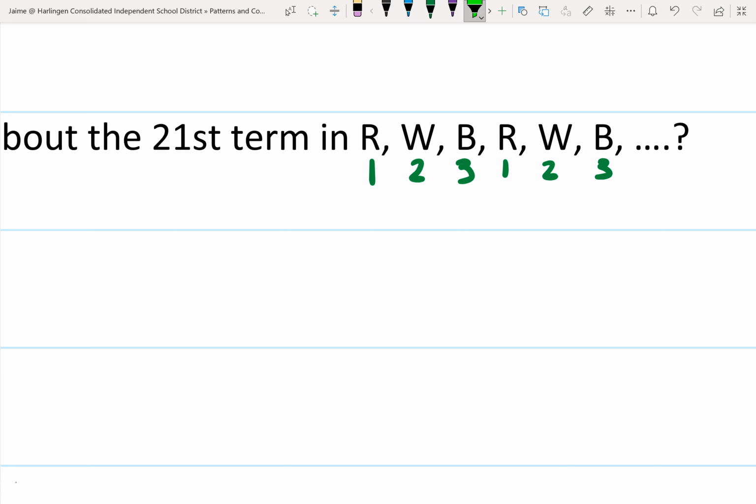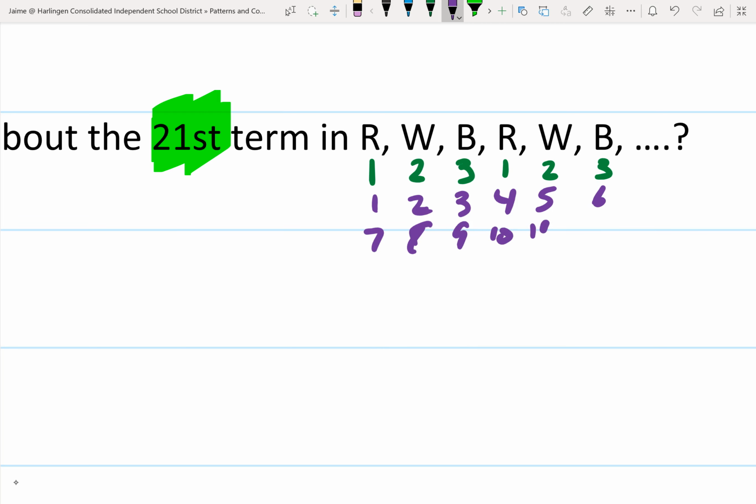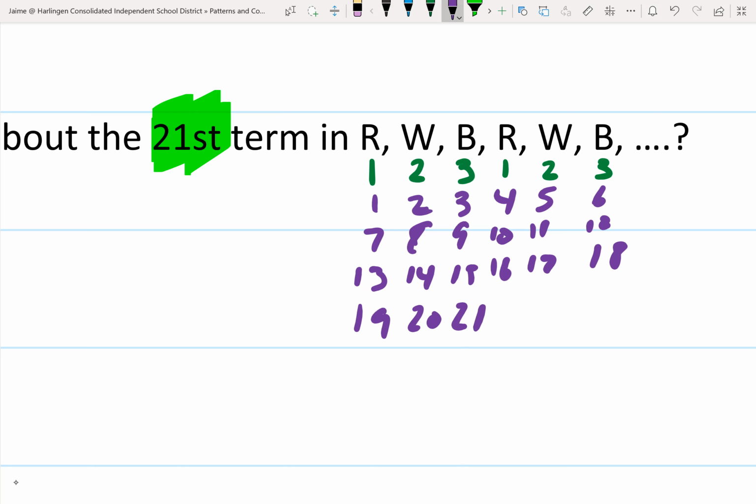So it wants to figure out the 21st term. Well, you could just do 1, 2, 3, 4, 5, 6, 7, 8, 9, 10, 11, 12, 13, 14, 15, 16, 17, 18, 19, 20, and 21.